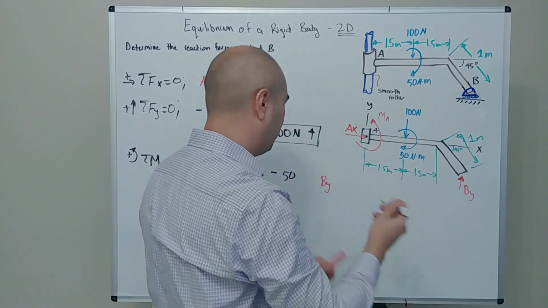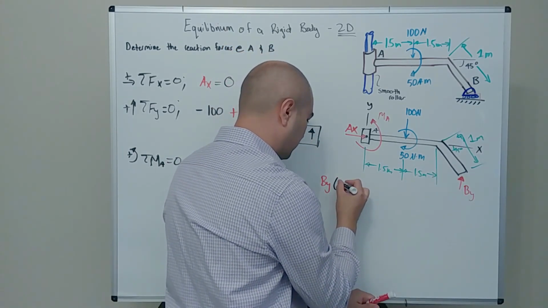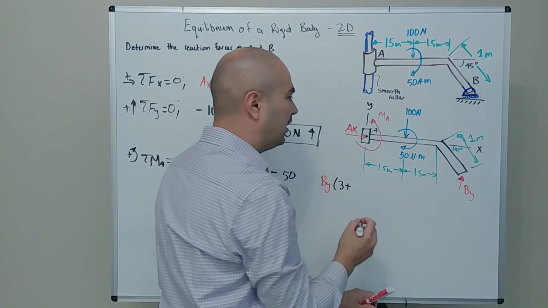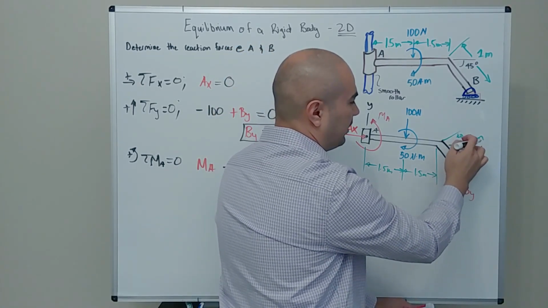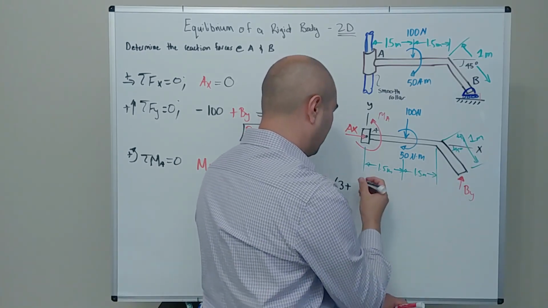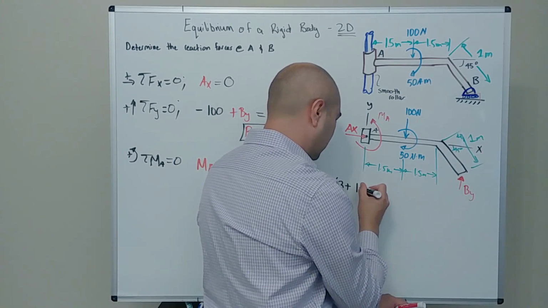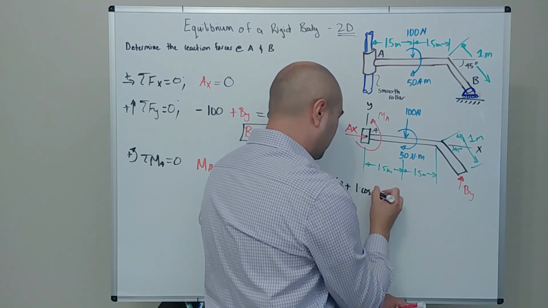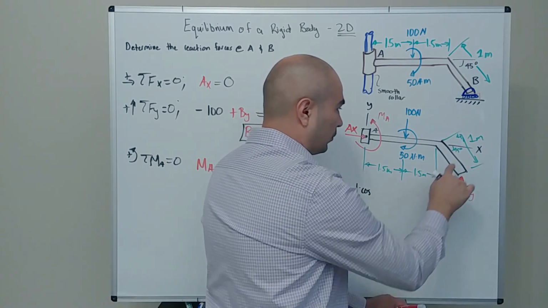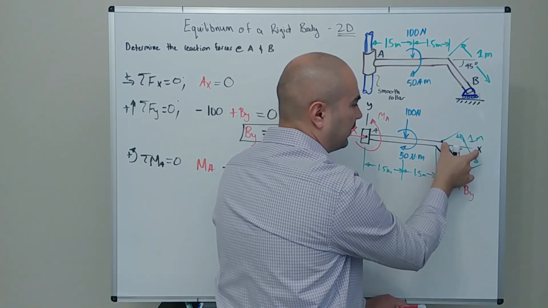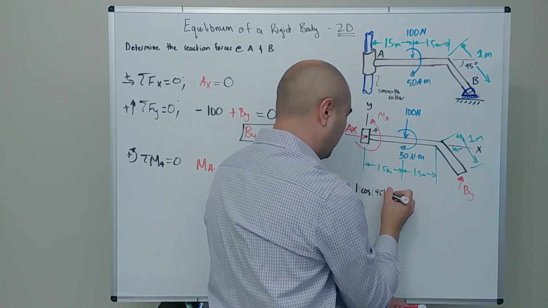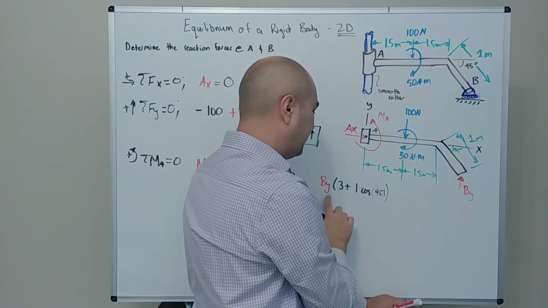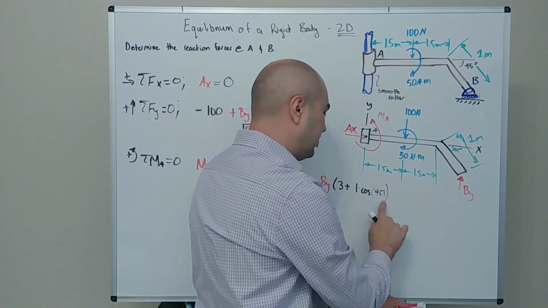So this is going to be 3 plus, I need to figure out this distance. Well, if this is 1 meter and the angle is 45, so plus 1 times cosine 45 is going to give me the x component. So cosine 45. We got force. All of this in here is distance.